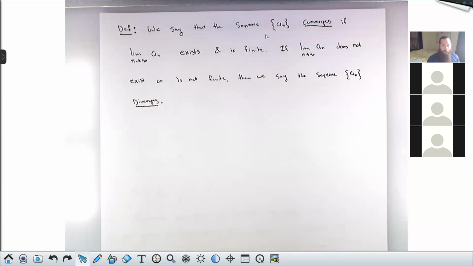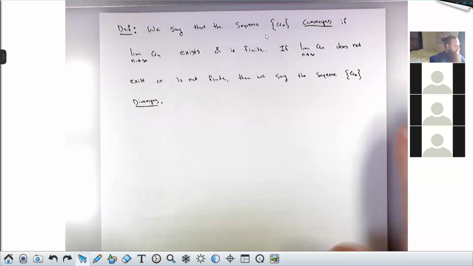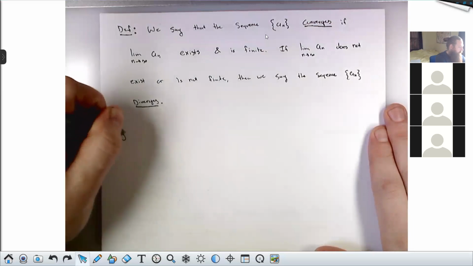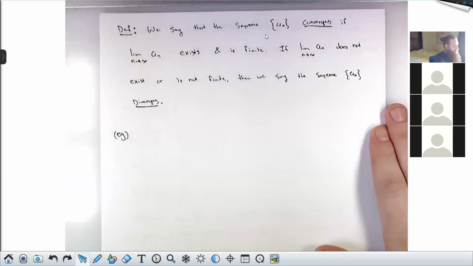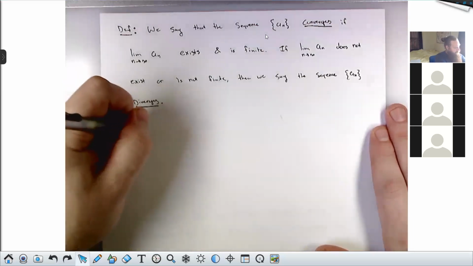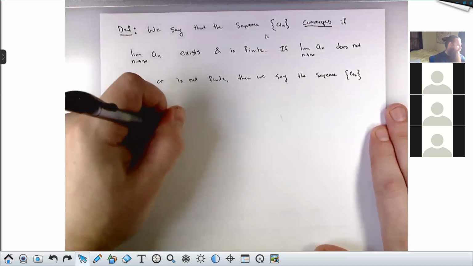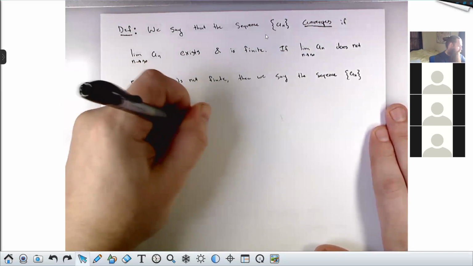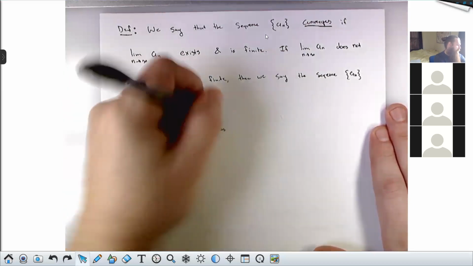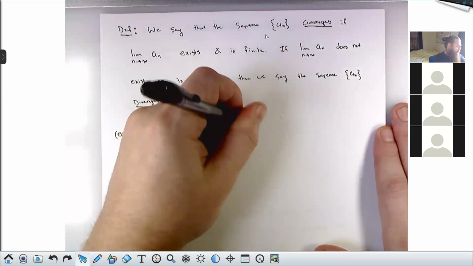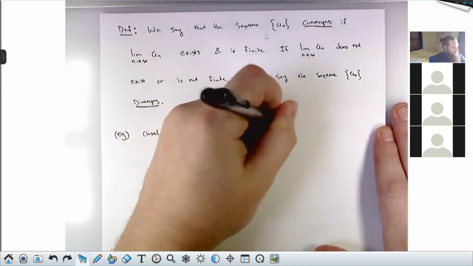Let me show you a couple other examples and try to recharge your brain with the tools from Calc 1 that many of us have probably forgotten. Classify the sequences as convergent or divergent.